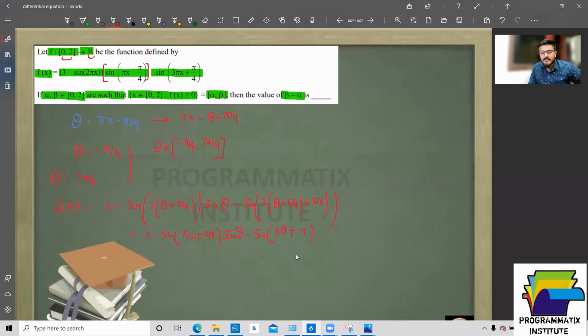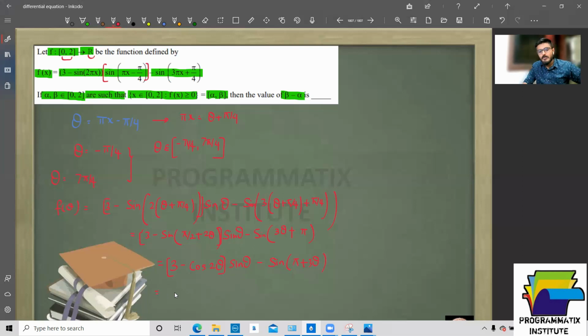Now this is 3 minus sine (90 plus theta), which is cos, so I can write cos 2 theta. Then you have one bracket over here, and one bracket over here. Watch this carefully, it's very important. One bracket, so it will be like this, and minus sine of (pi plus 3 theta). That's simple.